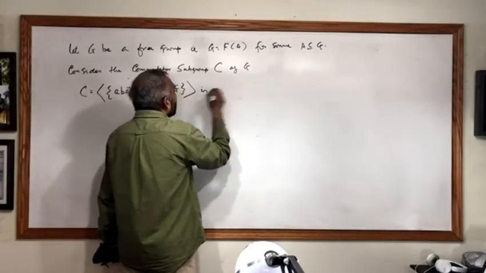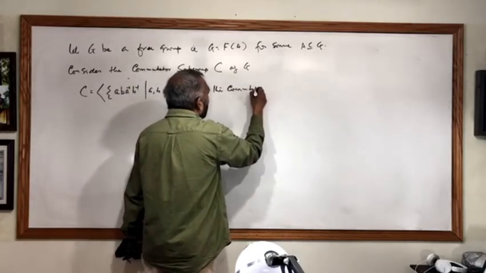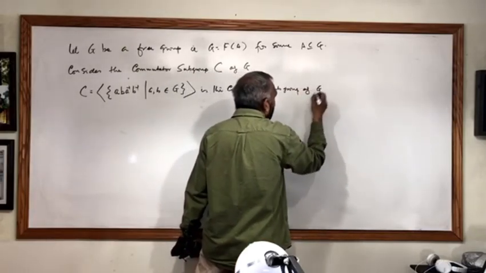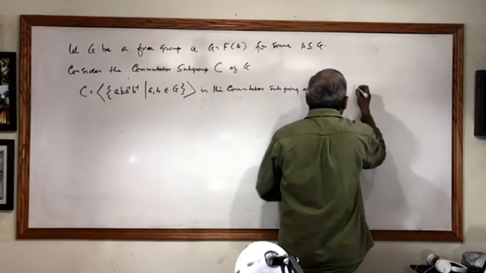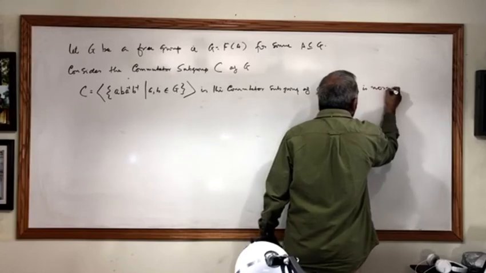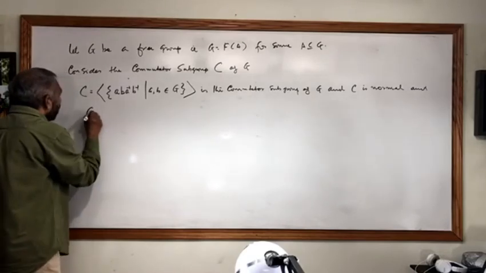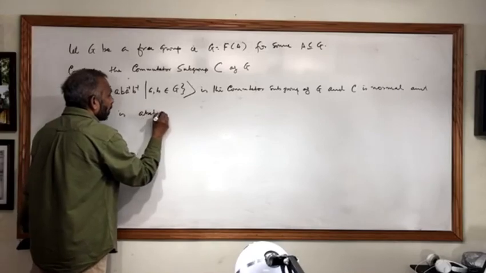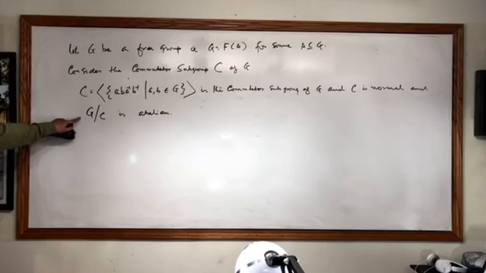This is the commutator subgroup of G, and C is normal, and G over C, the factor group, is abelian. We already established this when we did the factor groups.